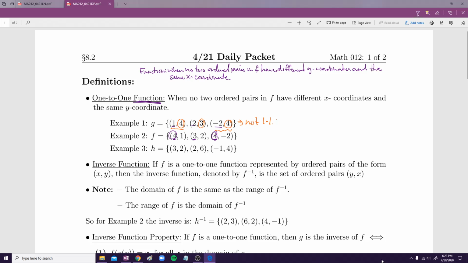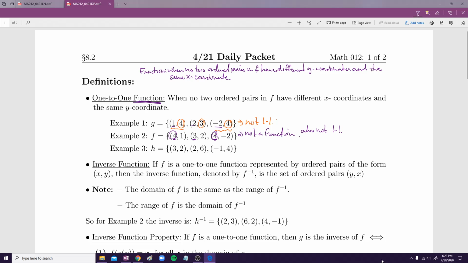In this case, these are different. So what does this mean? This isn't even a function, not a function. Since it's not a function, it's also not one-to-one.